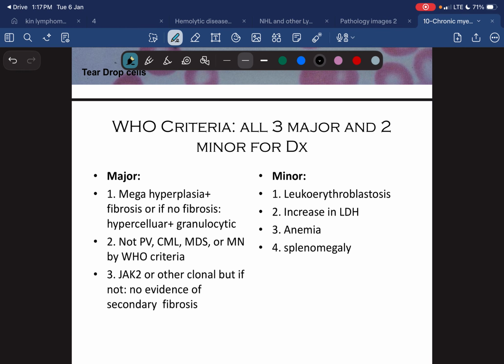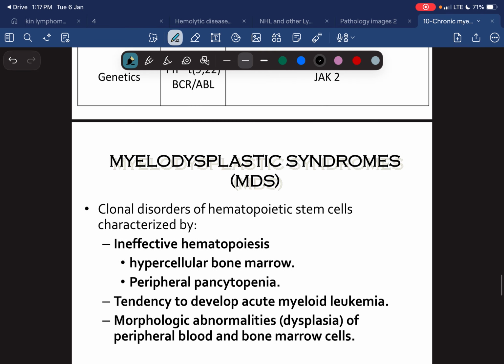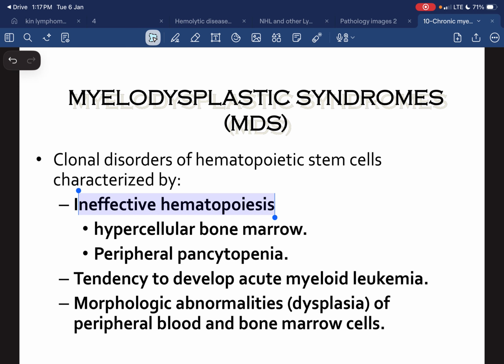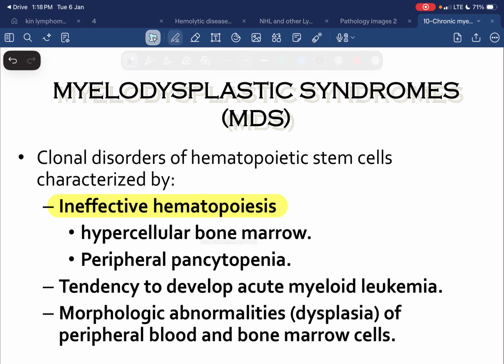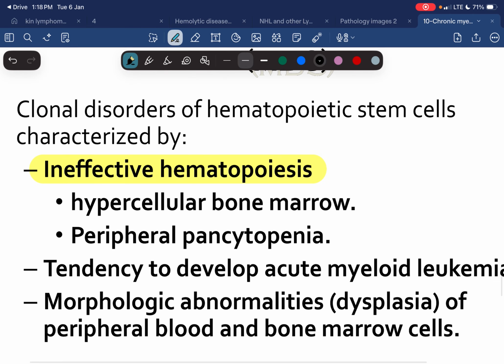Okay, last thing is the myelodysplastic syndrome, MDS. It's a clonal disorder of hematopoietic stem cells characterized by ineffective hematopoiesis. The bone marrow is hypercellular, but cells reach a certain level of maturation and don't proceed more than this, so the peripheral blood will show what? Hypocellularity. There is no production of mature blood cells.